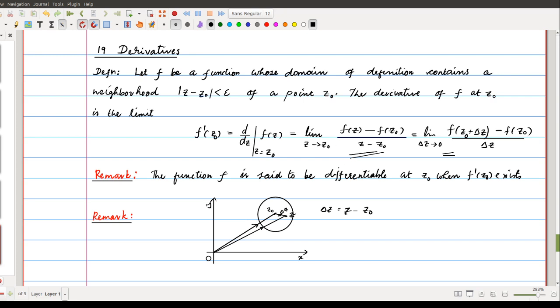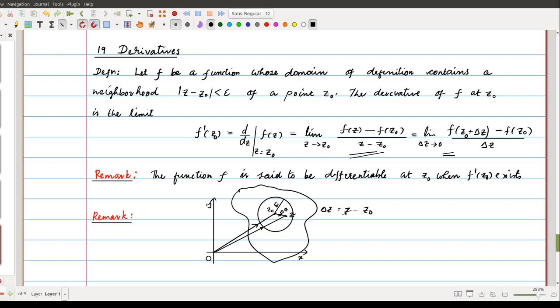In order to discuss this, we should verify that there exists an epsilon neighborhood which is fully contained in the domain of the function f. Suppose this is the domain of the function.